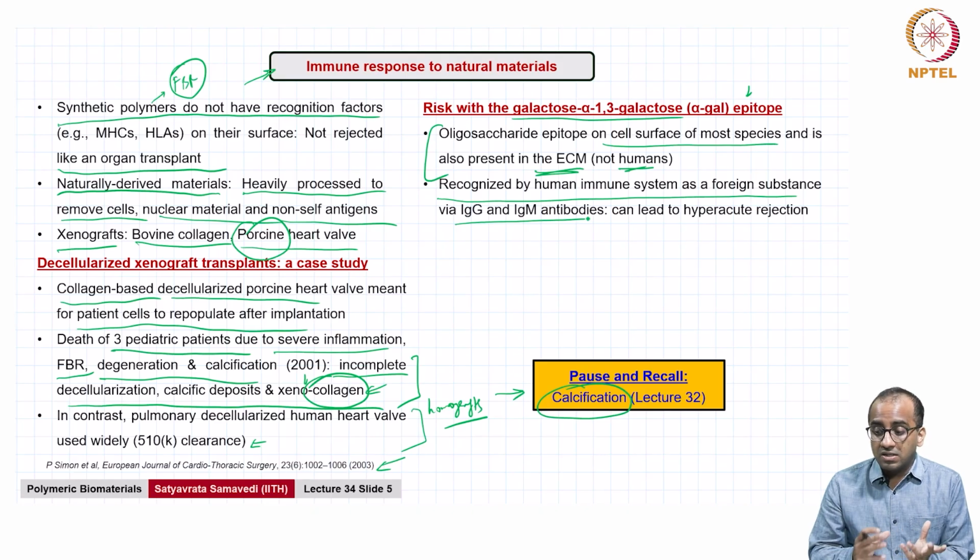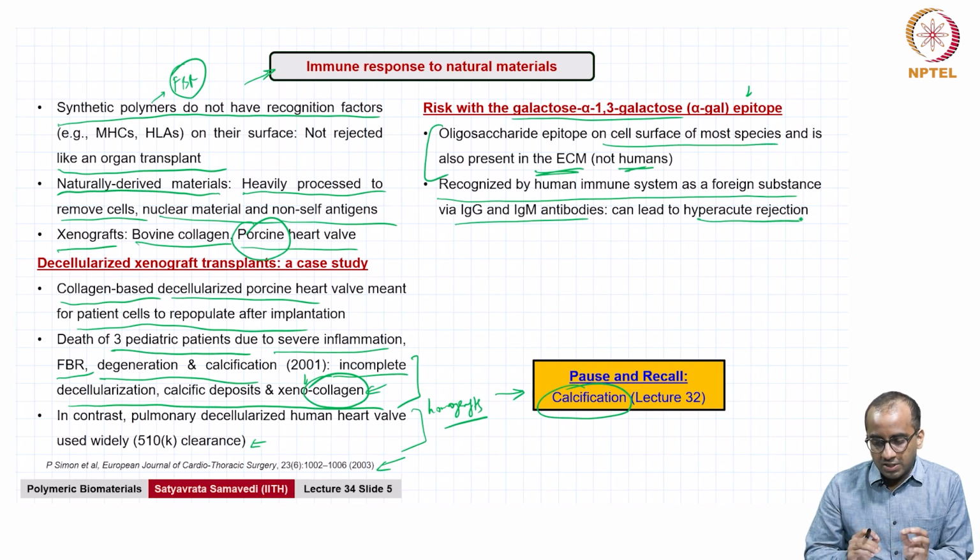So, when this epitope, residual alpha-gal, is present, it can lead to something called hyperacute rejection. Essentially, this is where the body mounts a very severe immune response. This is not like FBR at all, this is much worse, leading to tissue necrosis and perhaps even death.